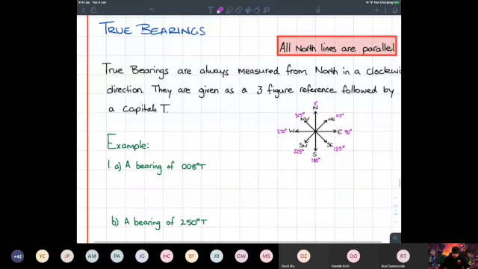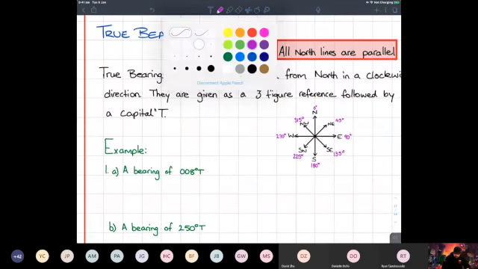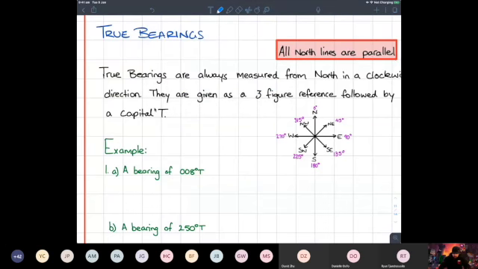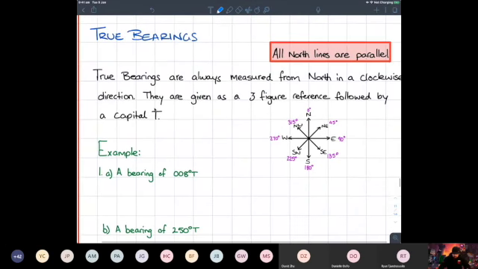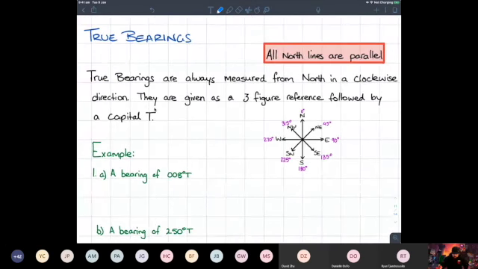All right, so coming back to our first example there, true bearings are always made from north, clockwise. I haven't actually given you an example there. What we're going to do here is draw a diagram to represent a bearing of 8 degrees true.